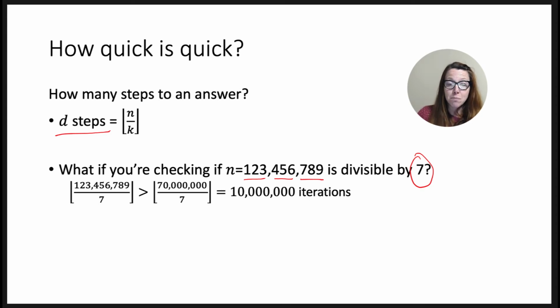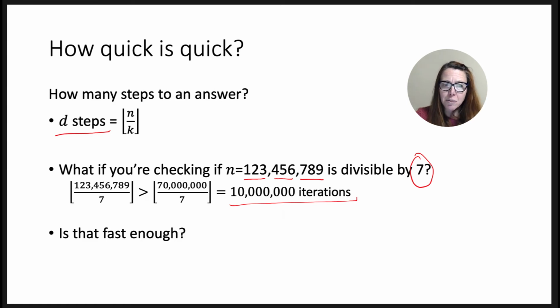So that's more than 70 million divided by 7, which the floor of that would give us 10 million iterations. That's a lot of iterations. So the question is, though, that was a big number. Is that fast enough? The answer is no.